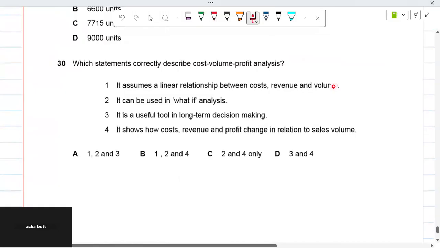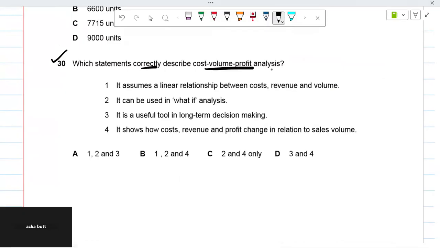Okay, so we have question number 30. Which statements correctly describe the cost volume profit analysis? So first one is that it assumes a linear relationship between cost, revenue, and volume.